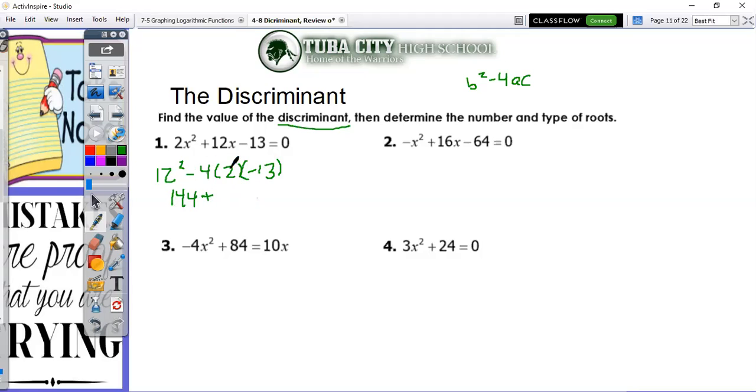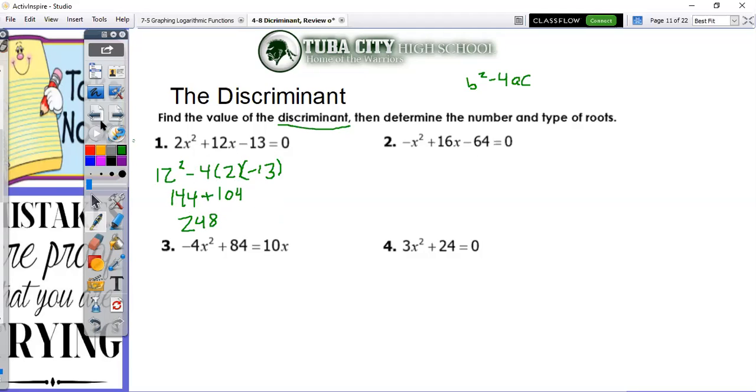So 4 times 2 is 8. 8 times 13, I don't know what that is. 26 times 4, okay, 26 times 4 is going to be a little bit easier because I know what 25 times 4 is. So that would just be 104. Add 104 to 144, and we get 248.